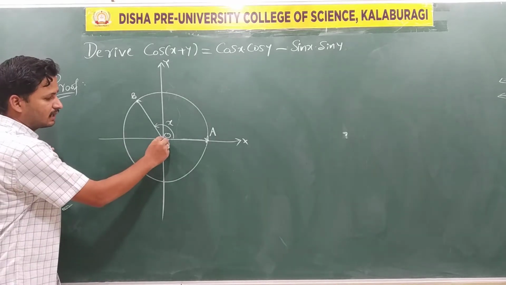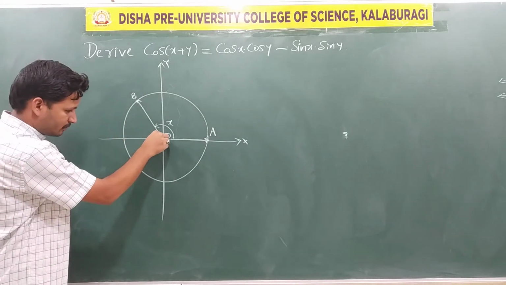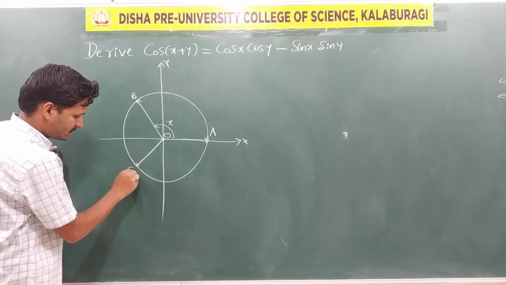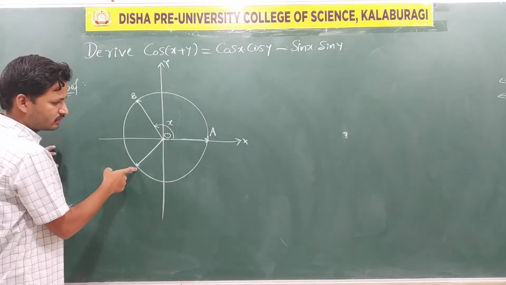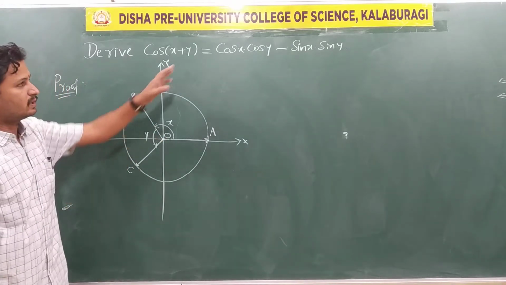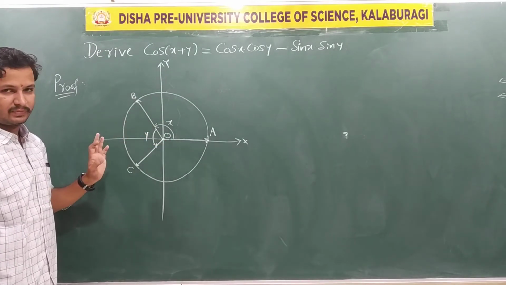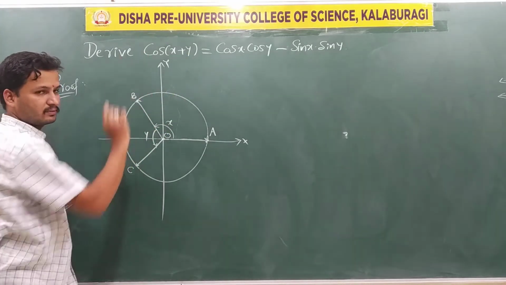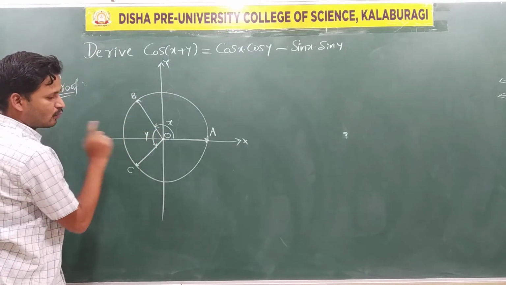Next, the line OB rotates again in anti-clockwise direction to get the terminal line OC. Then the angle BOC is Y. So here we took X and Y as angles, and if I take A and B, just write down A, B or any alphabet. Here the angle made by the line OB with OC is Y.